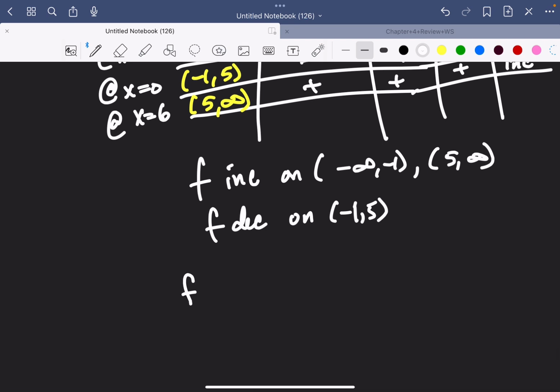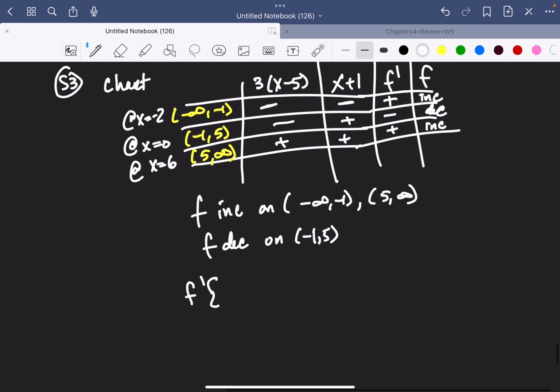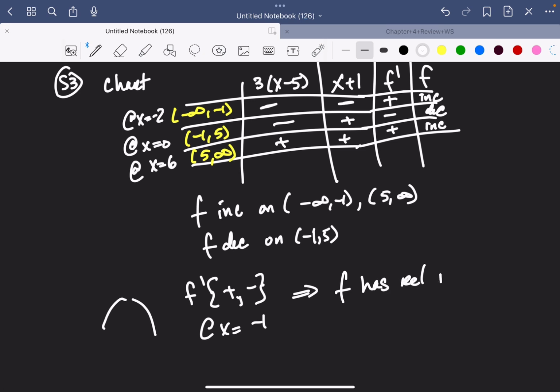And then notice, f prime changes sign from positive to negative at x equals what? Negative 1. If it goes from positive to negative, that means f has a relative maximum there.